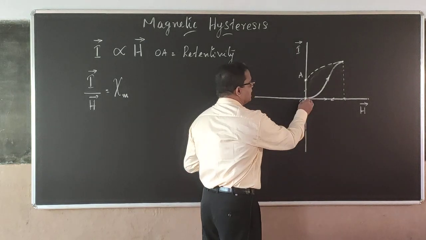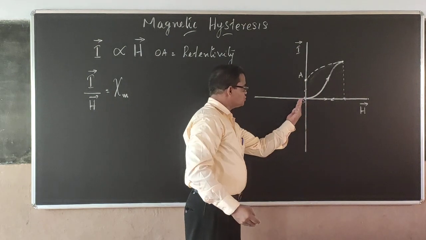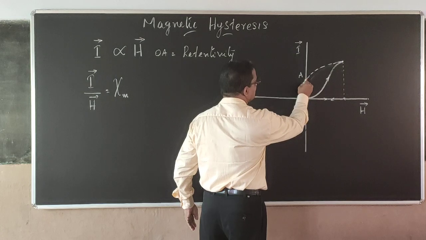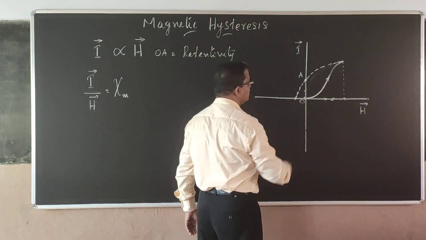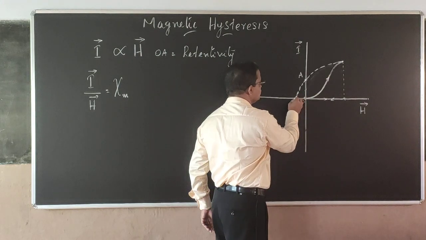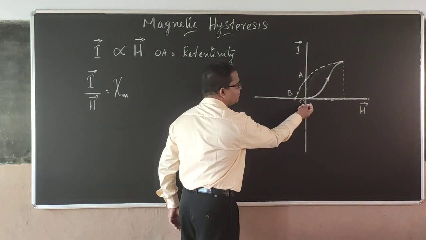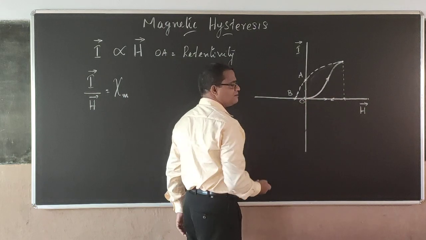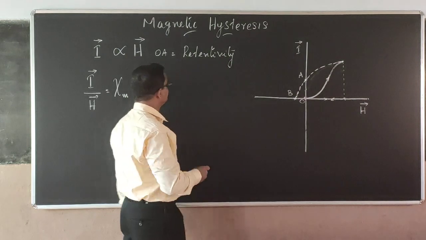Again, if I increase the magnetizing field in the opposite direction, what you can observe is that the remaining magnetism is found to be zero at this particular point. So when I apply a reverse magnetizing field, the retentivity is made zero.